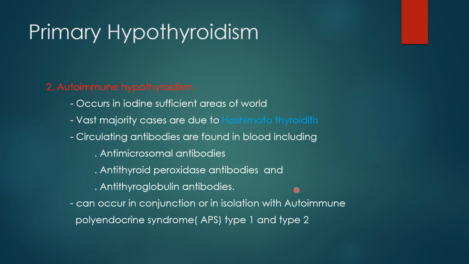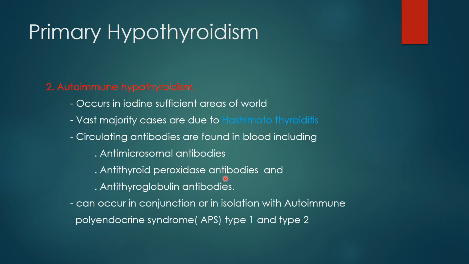The second most important cause is autoimmune hypothyroidism. It occurs in iodine sufficient areas of the world, and the vast majority of cases are due to Hashimoto's thyroiditis, which is also an autoimmune disease in which multiple autoantibodies are found in the body which cause damage to the thyroid cells. These circulating antibodies are found in blood.